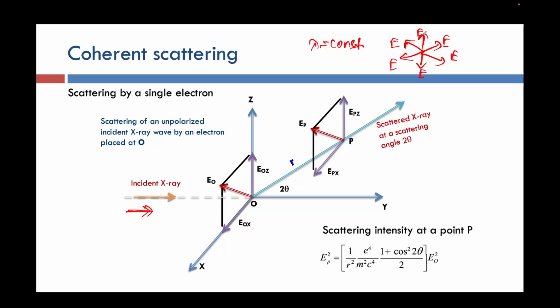While in the polarized, or if you remember, linearly polarized, the electric vector would be aligned like this. Since X-ray is also an electromagnetic radiation, we shall consider the electric vector. So if we are considering the electric vector, in one direction the vector should be aligned. That is what is called a polarized beam.